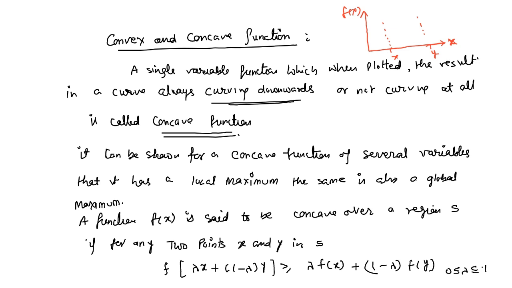So we draw these 2 points, and take the curve in this way. So here this represents f(lambda x plus (1 minus lambda) y). So this curve shows the concave function.